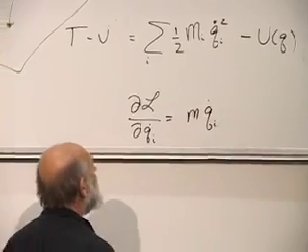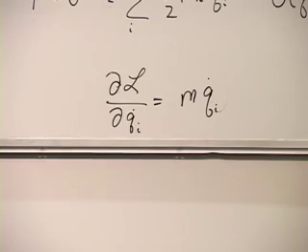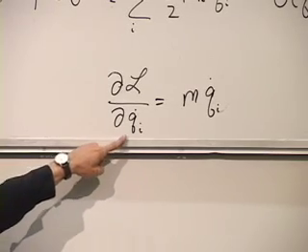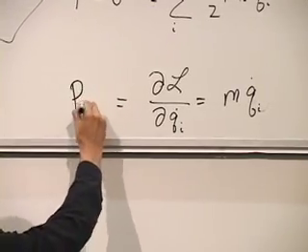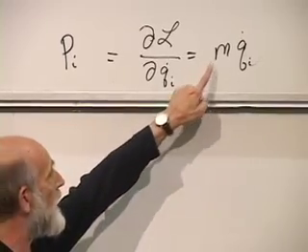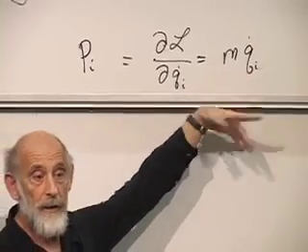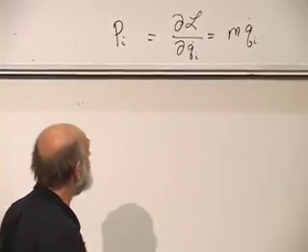This quantity is also known as the canonical momentum conjugate to the coordinate q, and it's often written p sub I. The canonical momentum, and notice that it is the momentum, mass times velocity, for the usual particle on a line.